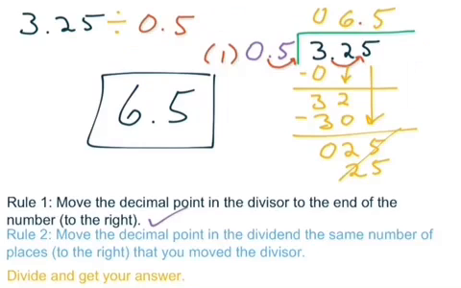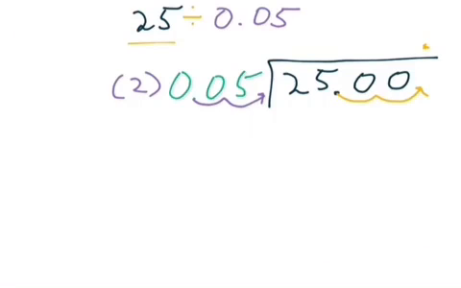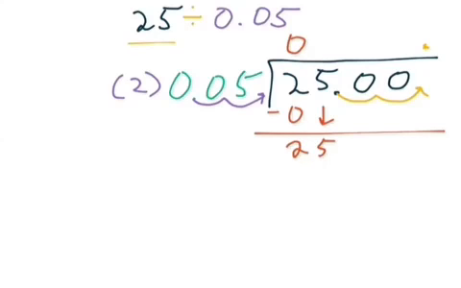So now we did move our decimal point in the dividend the same number of places. Now we need to divide to get our answer. So 5 goes into 2 0 times. I get 0 here. I subtract and get 2, and then I get 5. 5 goes into 25 5 times. 5 times 5 is 25.